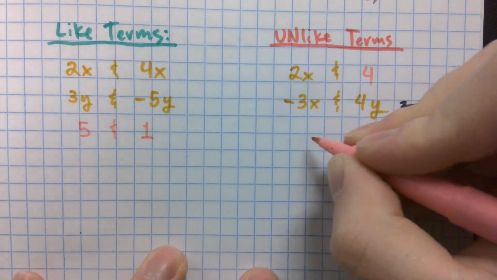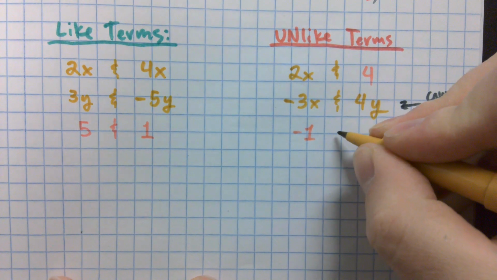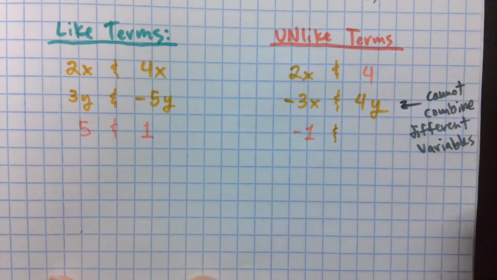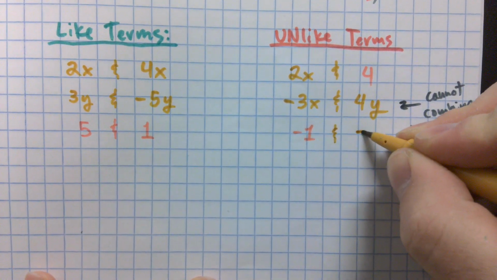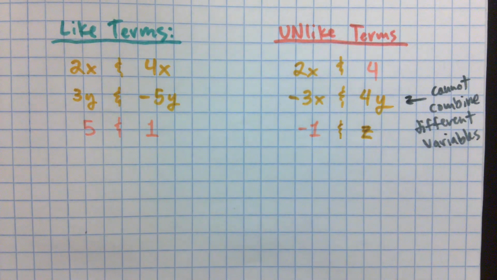And something like negative 1 and z, right? Those are definitely unlike terms. One's a constant, one's a variable.